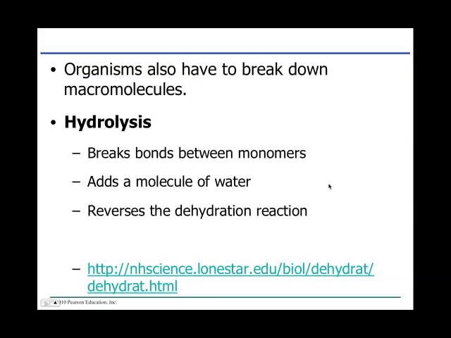So organisms have to break down these macromolecules, as I said, during digestion. And that is what breaks the bonds between the individual monomers and it adds a molecule. It's the exact reverse of dehydration synthesis.